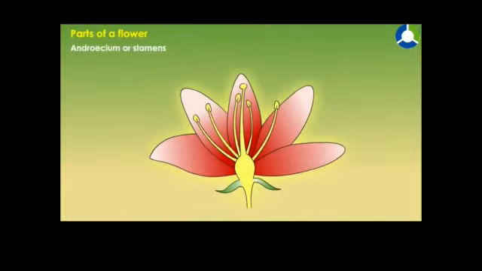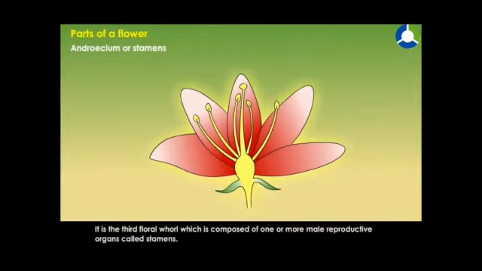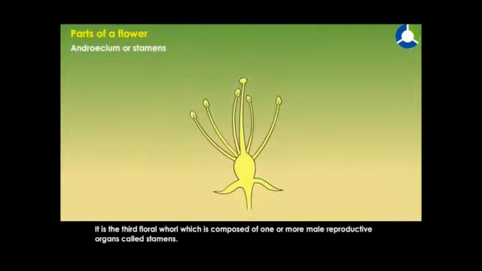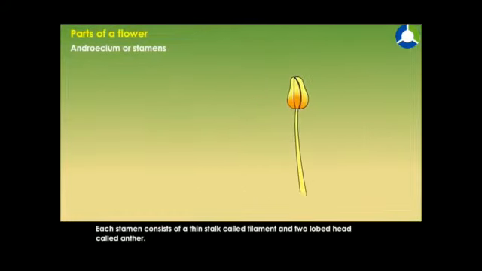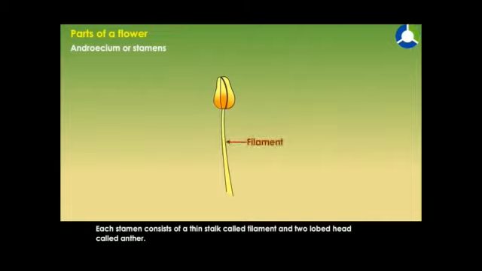Androecium or stamens. It is the third floral whorl which is composed of one or more male reproductive organs called stamens. Each stamen consists of a thin stalk called filament and two lobed head called anther.